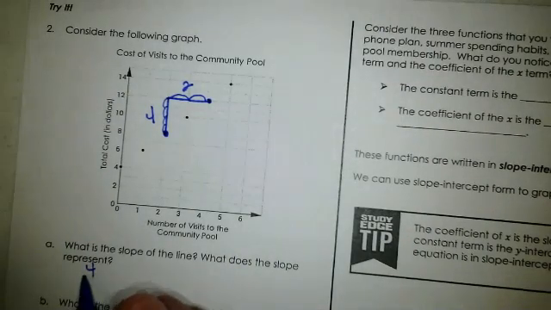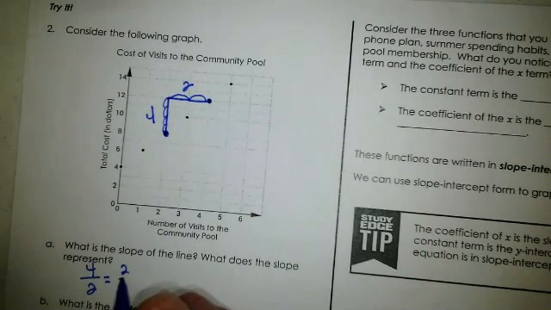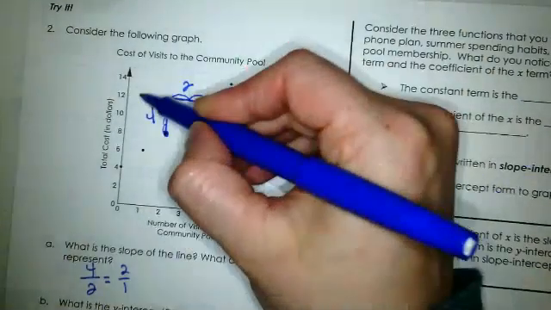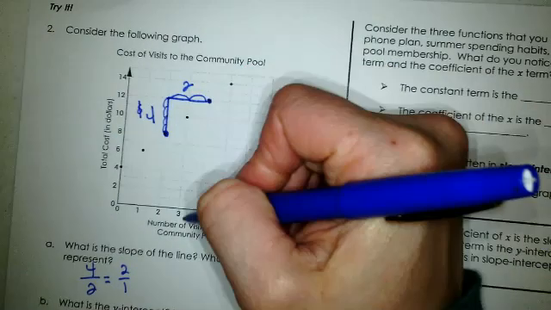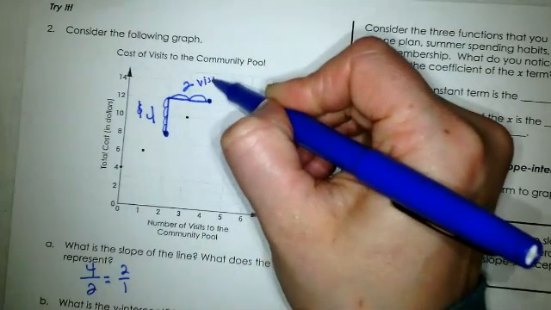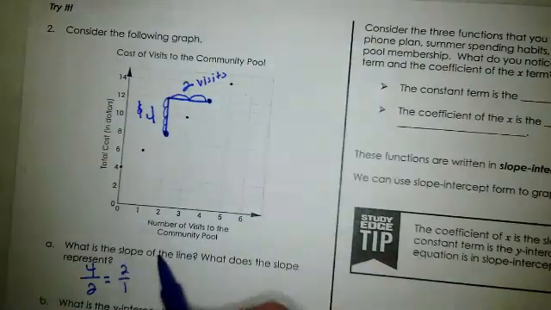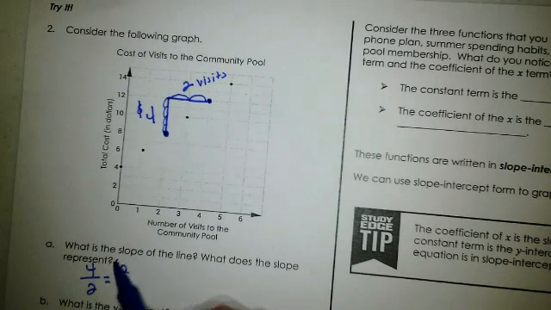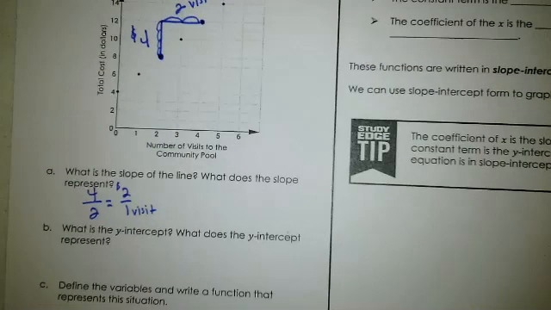So slope is 4 over 2, rising 4, running 2, which is 2 over 1. What does this mean? Well, the 4 is in dollars, and the 2 is in visits. So this is $2 per visit. So it costs $2 every time you visit the pool.